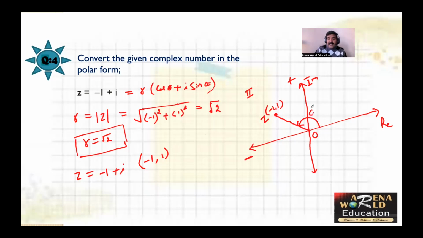So here, this will be your theta and the value of theta will be positive, right? Because we are going in anti-clockwise direction, right? We measure theta with what? This OZ and this real axis of Argand plane, positive real axis of Argand plane, right?